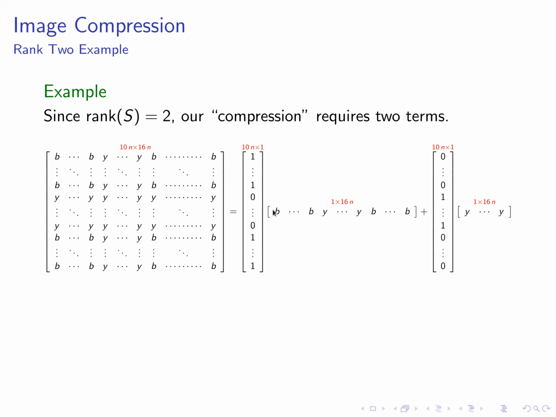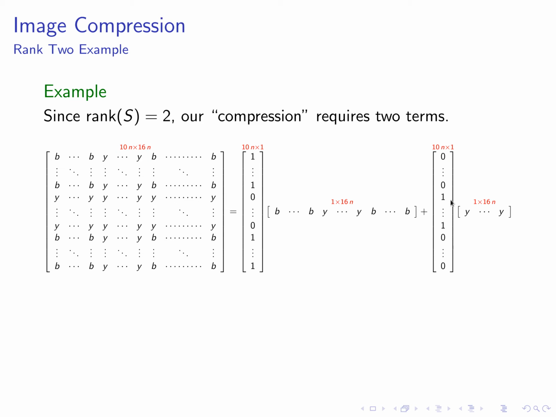Our first factorization is a column multiplied by a row. The row that we're multiplying by is exactly the row type that we find in the top and bottom rows of the Swedish flag: some blues followed by some yellows followed by a bunch of blues. And then we're multiplying by a column full of 1s and 0s that tell us where to place this row and where to ignore it. So we place the row in a bunch of places up top and then a bunch of places on bottom, and then we ignore this row right in the middle.